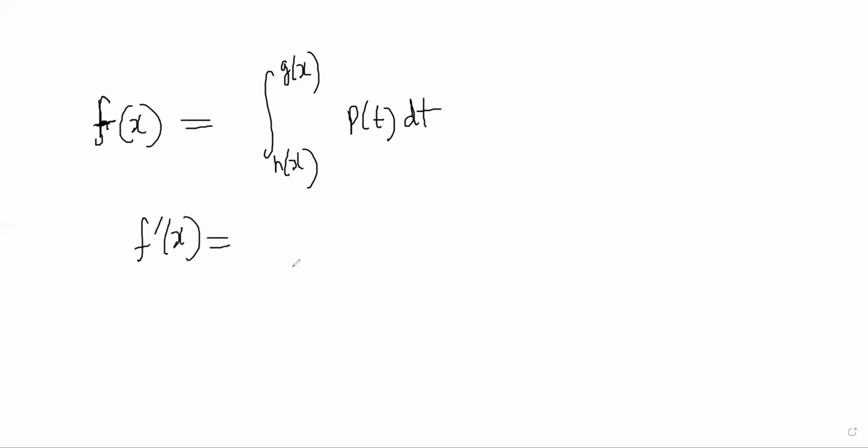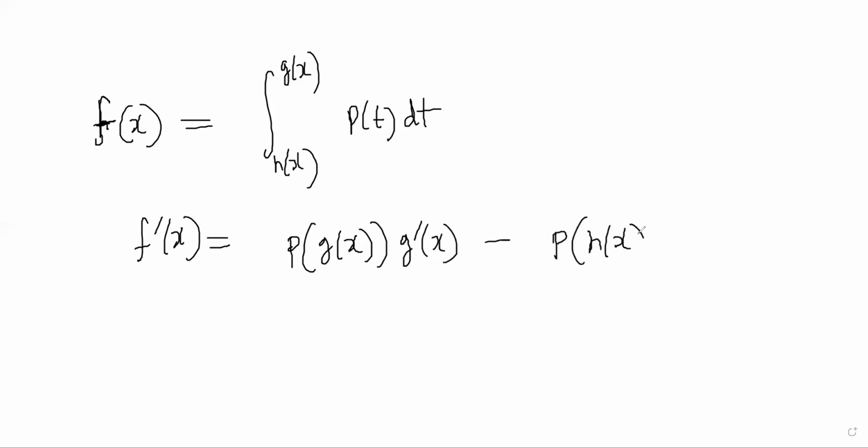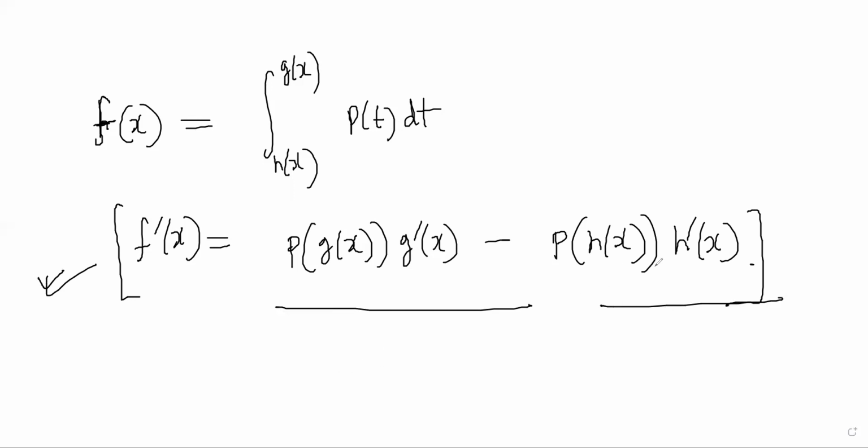It will be simply: in p, instead of t, put the limit g of x and differentiate the limit, minus in p, put the other limit and differentiate that limit. Makes sense. You should know how it comes also, not just the answer.